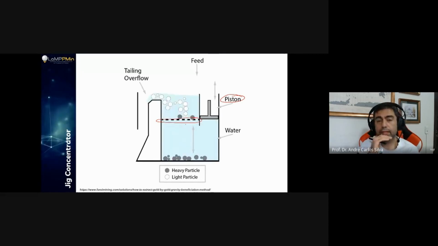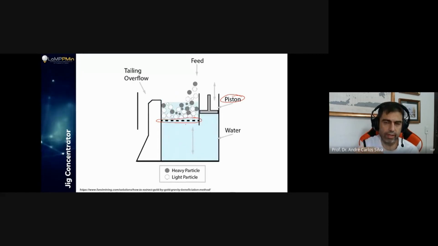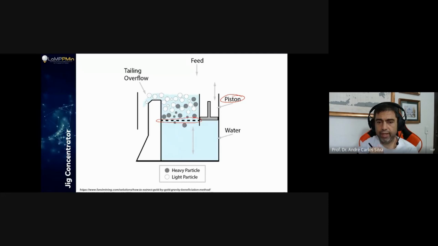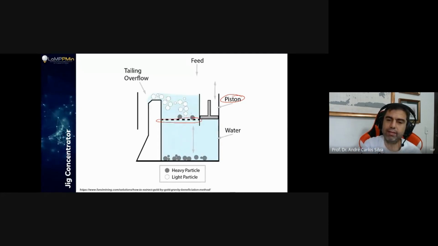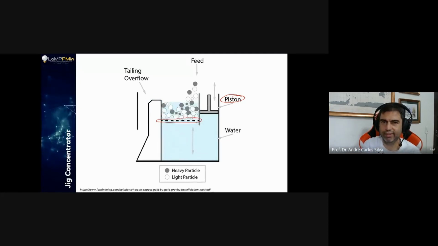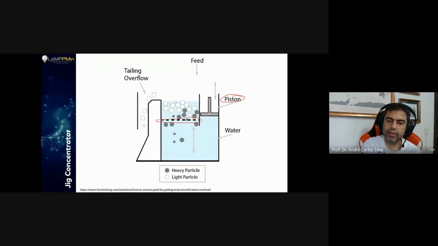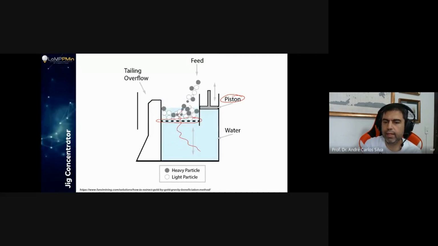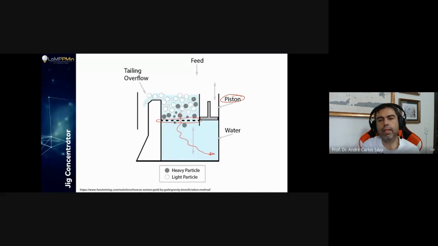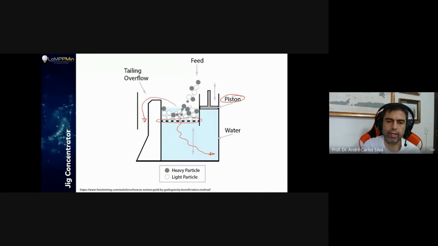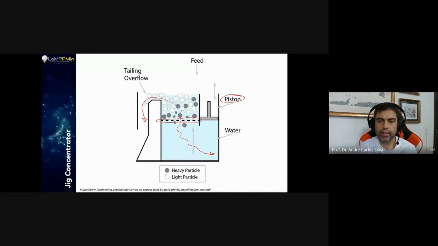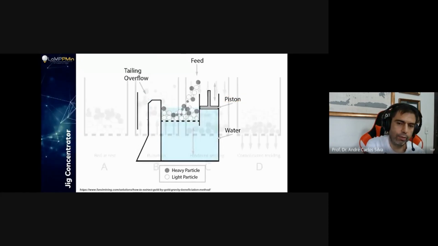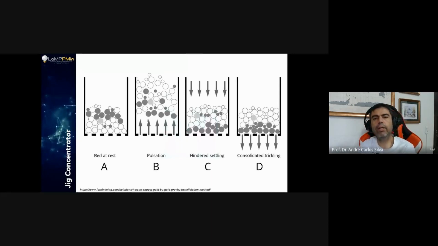In some cases I can even put steel balls on there to increase this effect, making the particles' life a little bit harder. Then the heavy particle is able to go through the sieve and out, and the fine particle overflows with the water and takes a different way. So this is, in short, how jigs work.